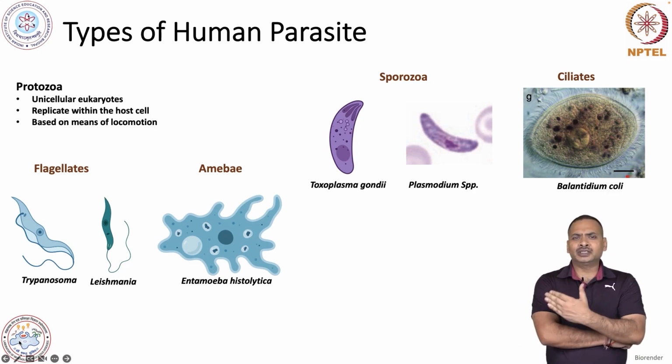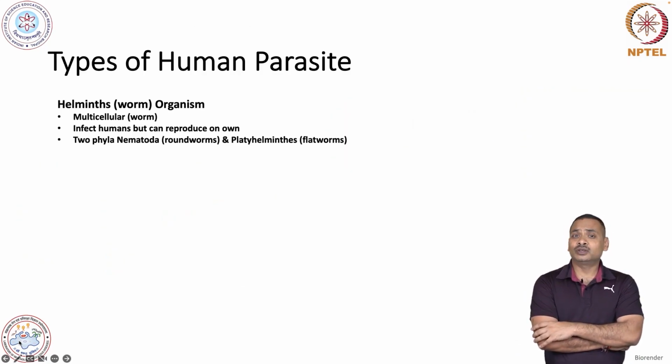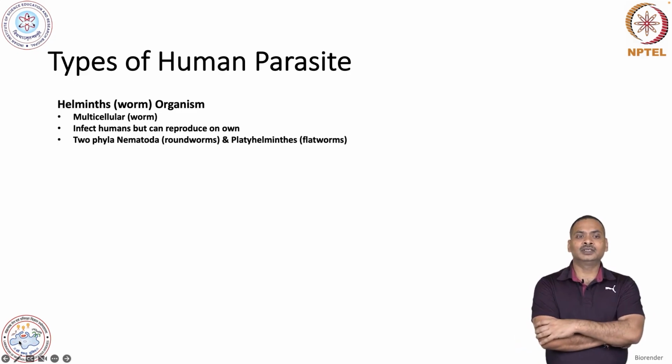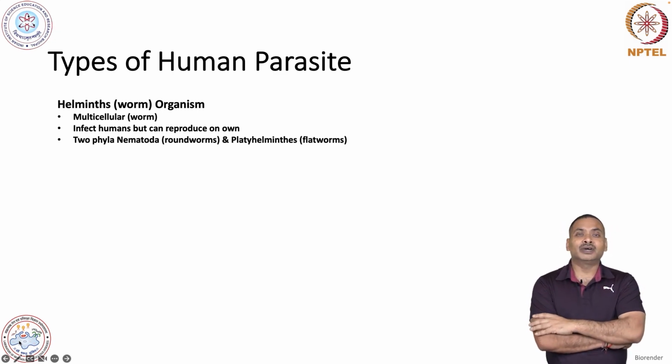Another major group of parasites, here you can see, we call helminths or worms, worm infection. So these helminths are in general multicellular, and please note the protozoa are microscopic.